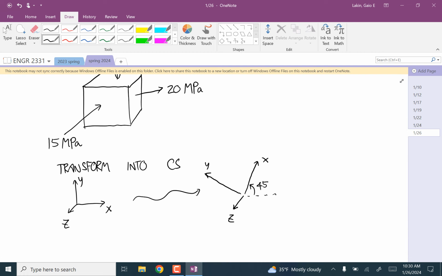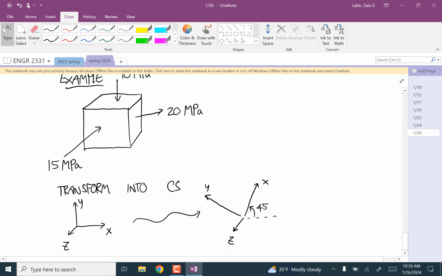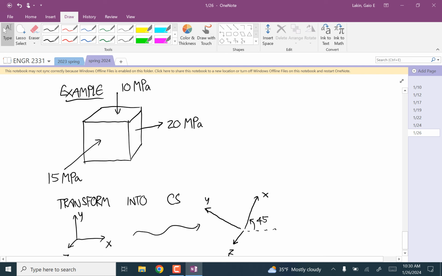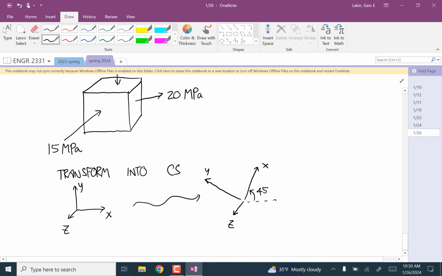Okay, so notice that in our original coordinate system, all we have is normal stresses, okay? We have a tension along the x-axis, compression along the y and z axes. What do you think is going to happen when we do this rotation?